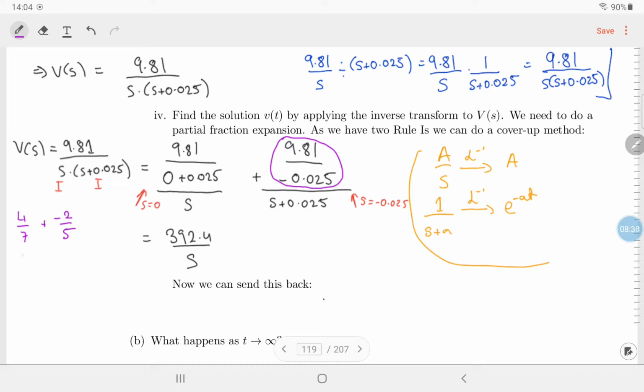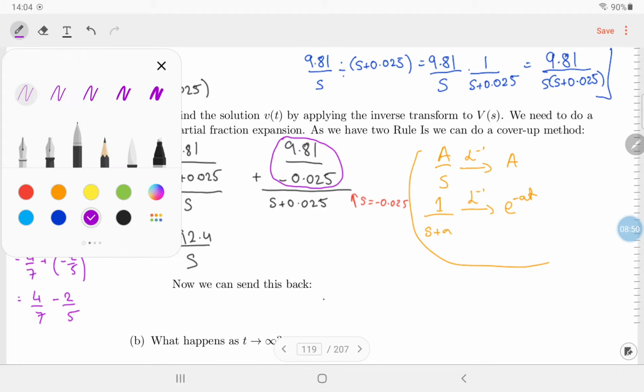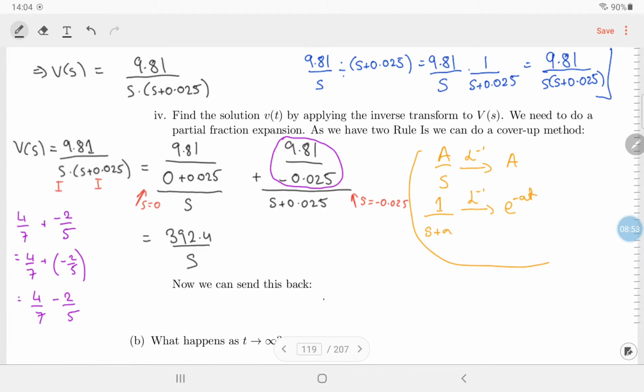So that's the same as saying 4/7 plus minus 2/5. And adding a negative is what subtraction actually is. So in exactly the same way, because the number on top of the purple bit is minus 392.4, you get minus 392.4 divided by s plus 0.025.